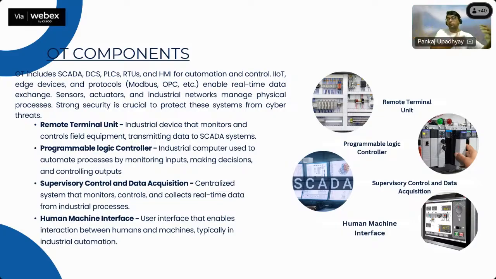The PLC connects to the physical device and sends the information or the command to those physical devices to manage them. That's why the PLC is our most important component.